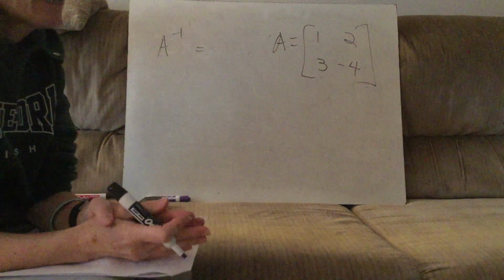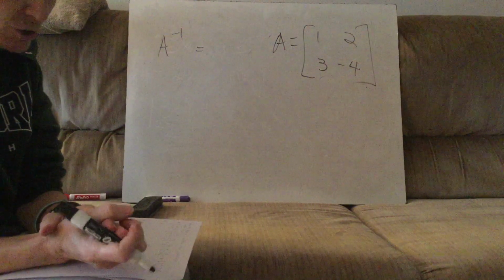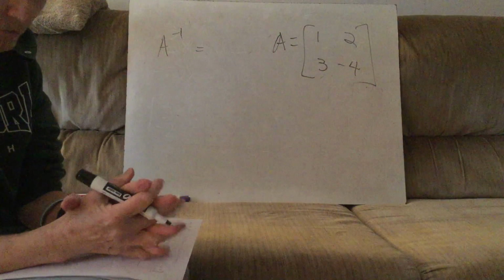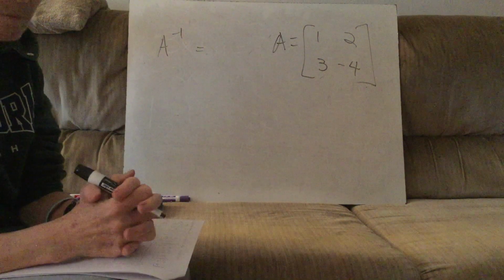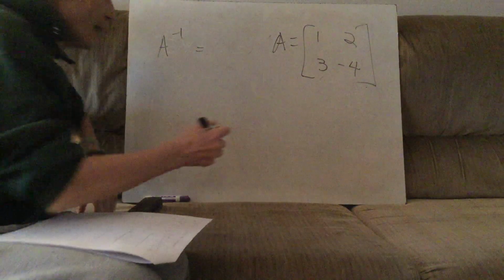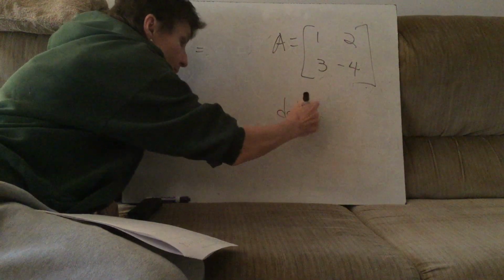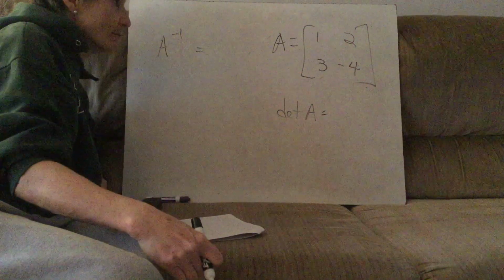I know I keep saying this, there's so much to remember, guys, but you've got to somehow keep it all straight. To find the inverse of the matrix, we first have to find the determinant. We've done that a couple of times tonight already.